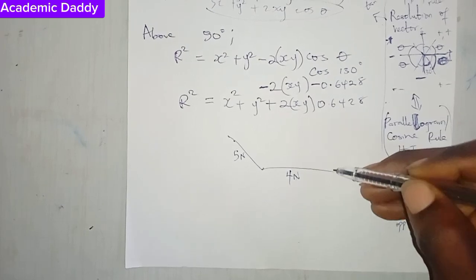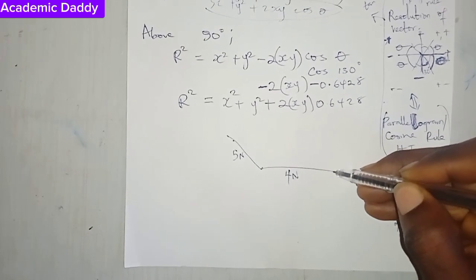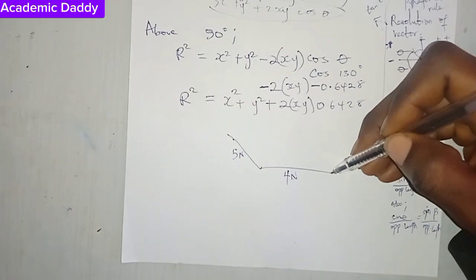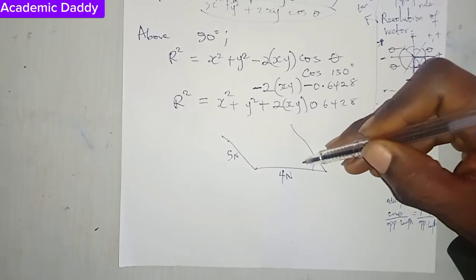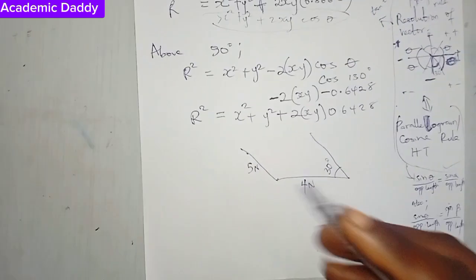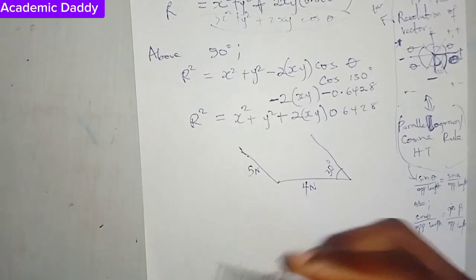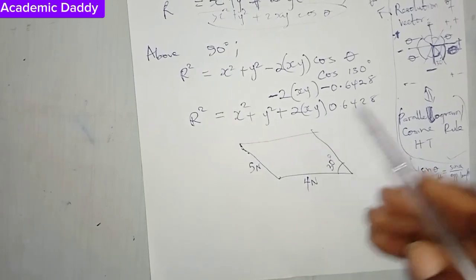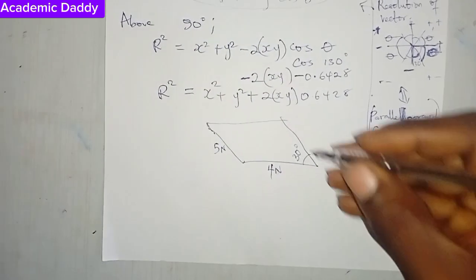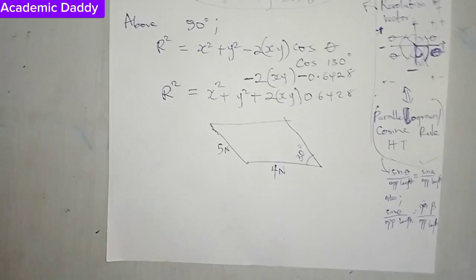Then they now tell us that this vector is actually at a 30 degrees angle. So at this junction, this is the triangle we are given.